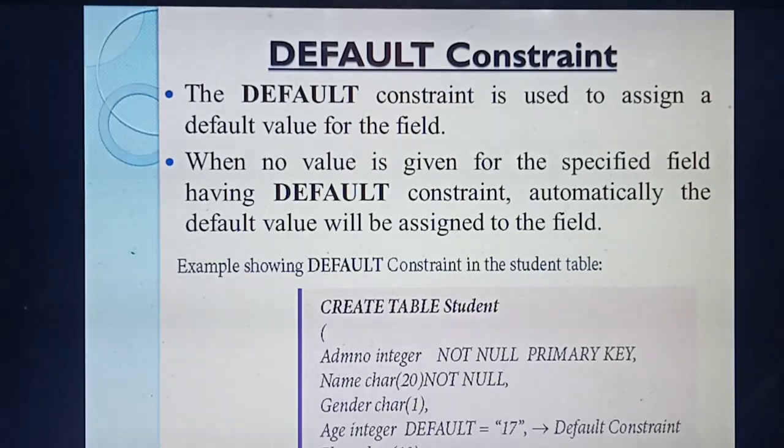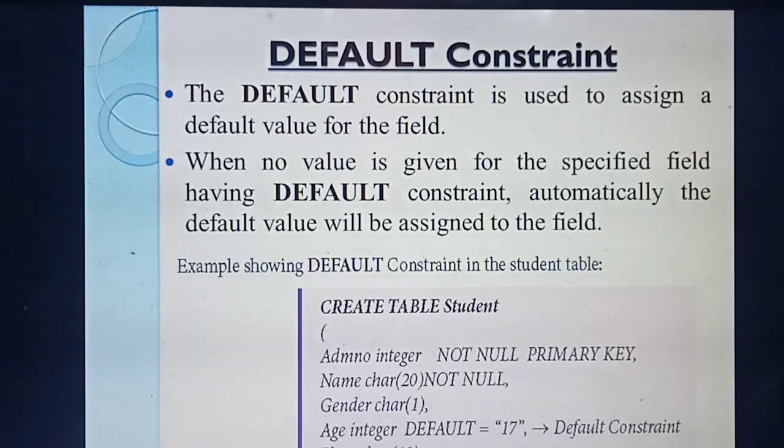What's the next type of constraint? Default constraint. Okay. If you need to assign some default values for the field, then you can give which type of constraint? Default constraint. Understand?